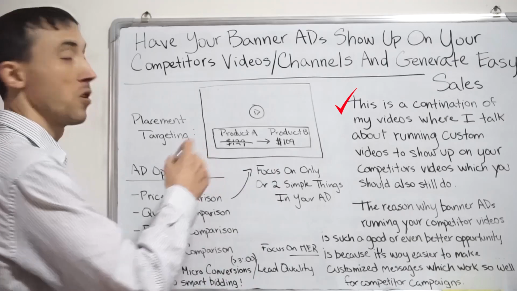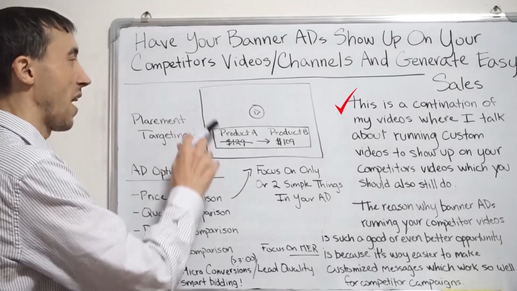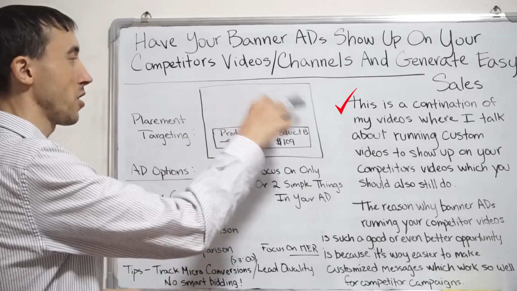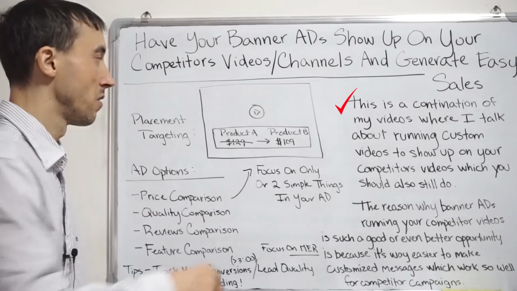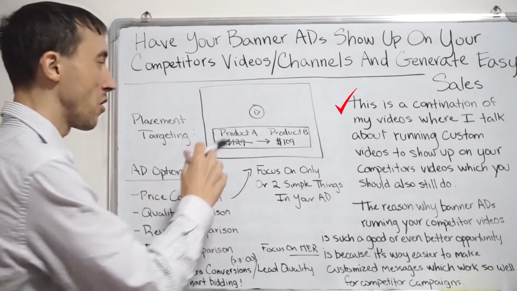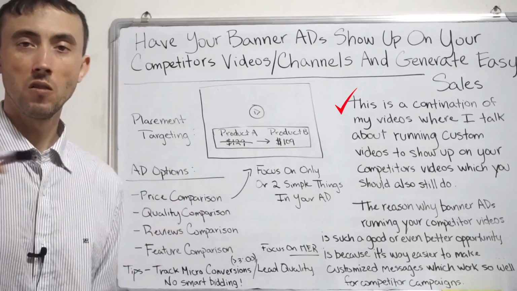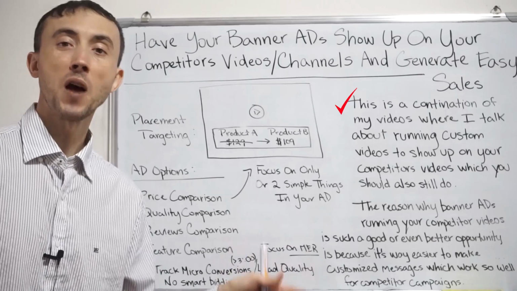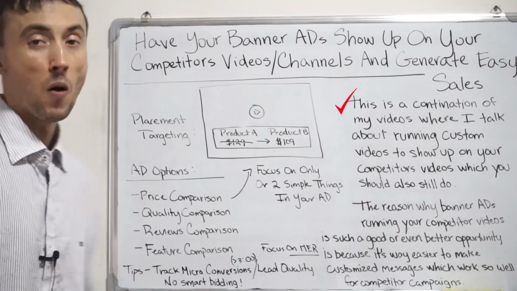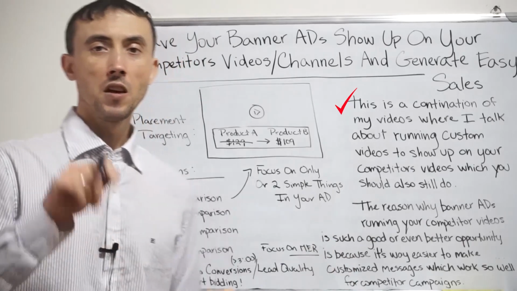So you could actually target your competitor's videos two ways. While you're watching the competitor's video, there could be a video ad that pops up, which could be your video ad, or you could have a banner ad show up at the bottom of the video while your competitor's video is playing and your competitor's prospects are watching that video. Both of which, by the way, are very good, and you should actually do both.